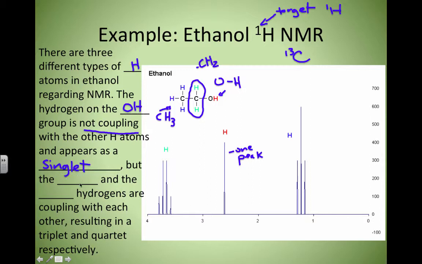But the CH3 and the CH2 hydrogens are coupling with each other because they interact not only with the carbon atom, but also with the other hydrogen atoms, resulting in a triplet and a quartet. So this type of hydrogen is getting split by the neighboring CH3, and this hydrogen grouping is split by the neighboring CH2.